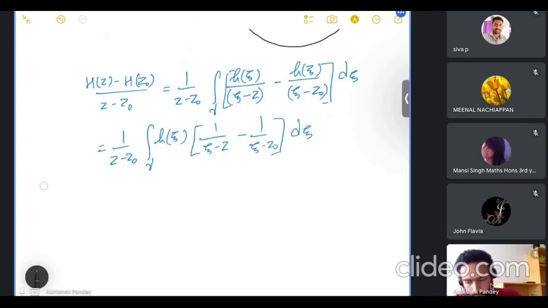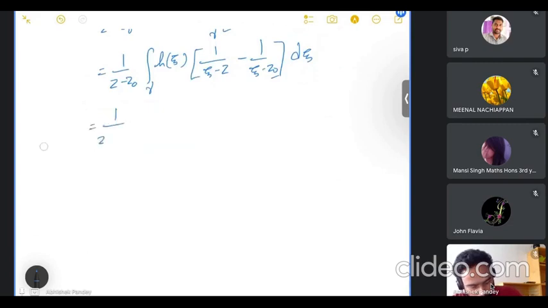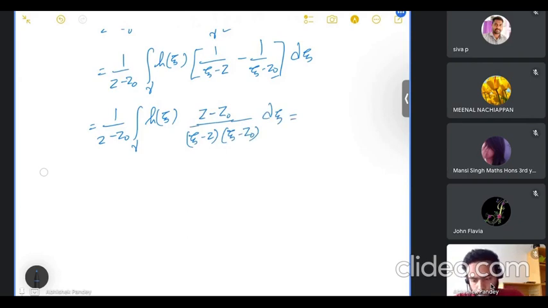This is 1 upon z minus z naught times the integral over gamma of h of xi times (z minus z naught) upon (xi minus z)(xi minus z naught) d xi. The z minus z naught gets cancelled out, so this is the integral over gamma of h of xi upon (xi minus z)(xi minus z naught).